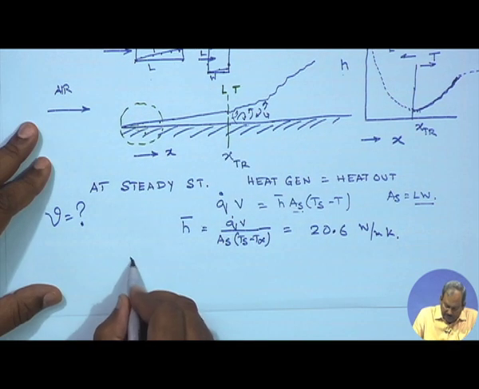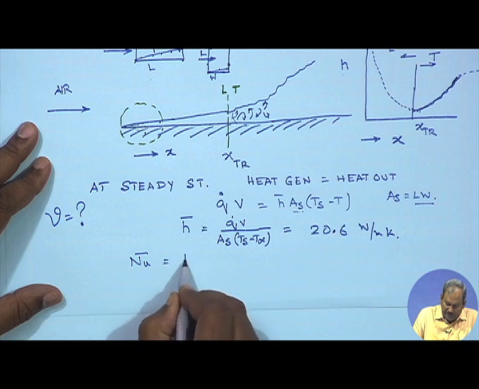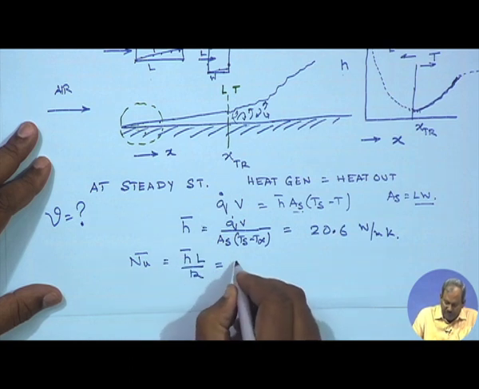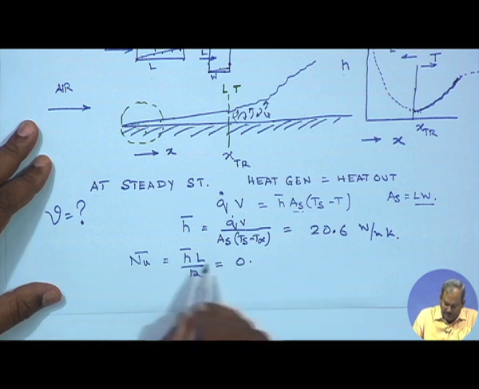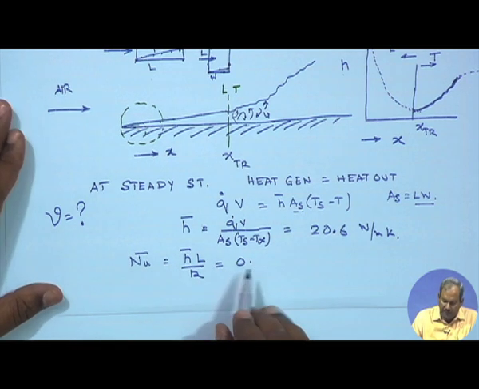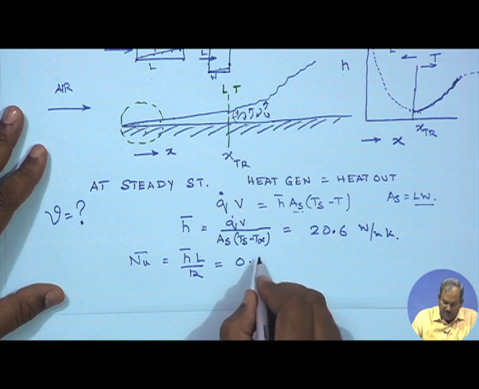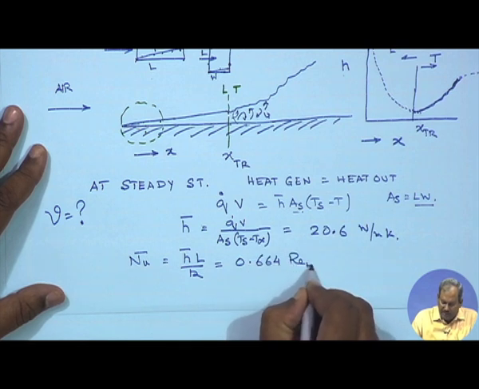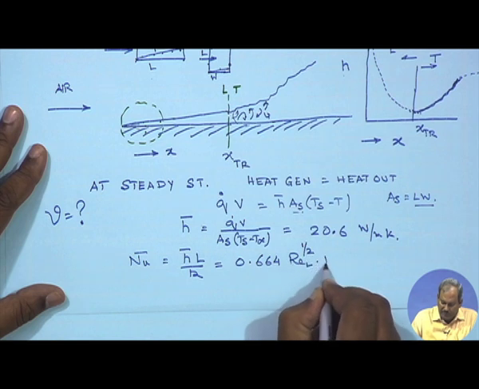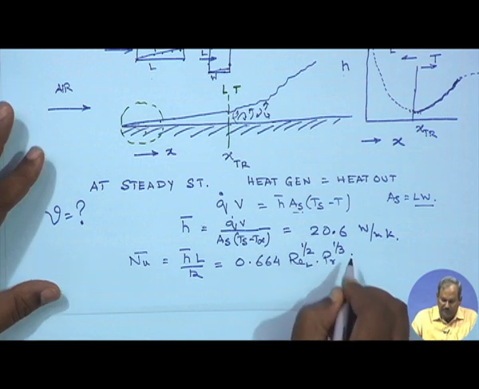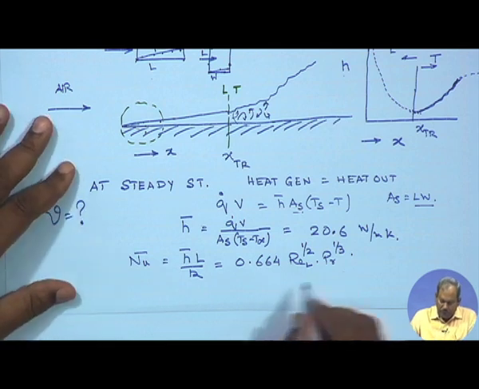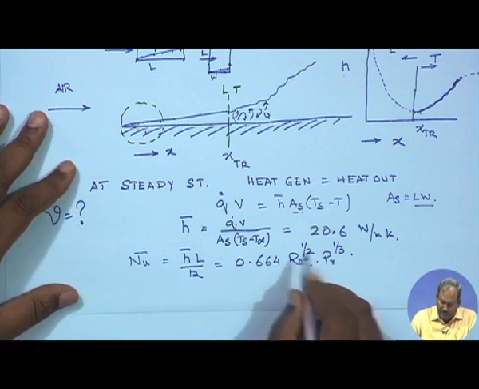So your Nusselt number relation is simply H bar L by K, which, if we assume laminar flow (we do not know whether it's laminar flow, we will check later on), is Re_L to the power half times Prandtl number to the power 1 by 3.